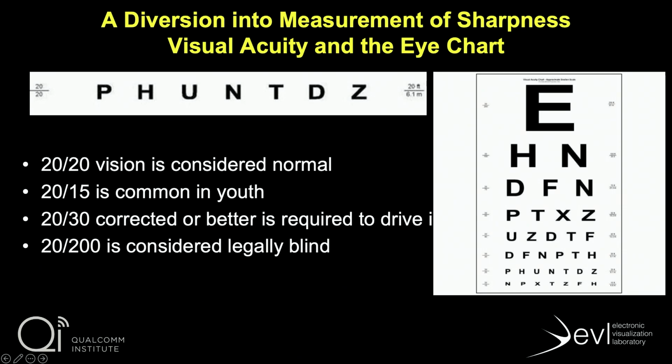20/20 is of course considered normal for all you people that aren't wearing glasses. 20/15 is actually fairly common in youth, and 20/30 or corrected is required to drive in most states, and 20/200 is in general considered legally blind.